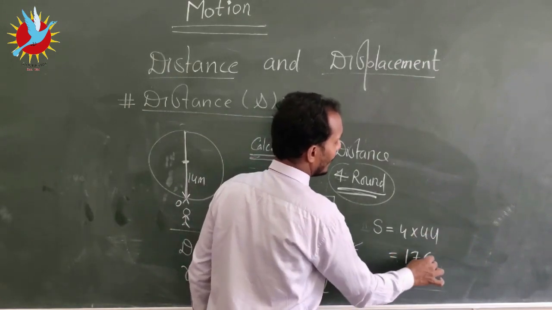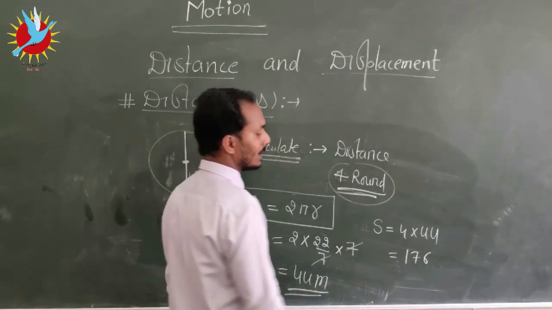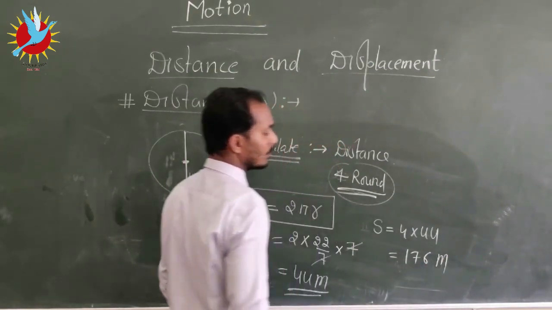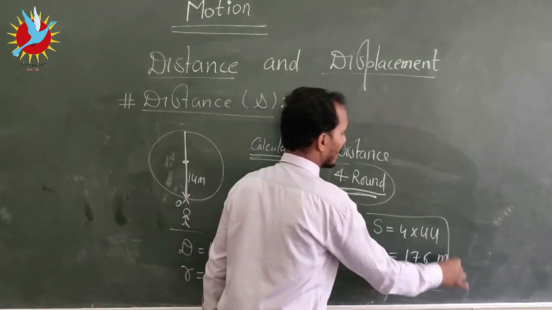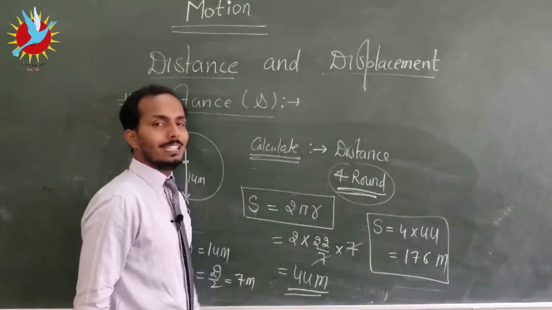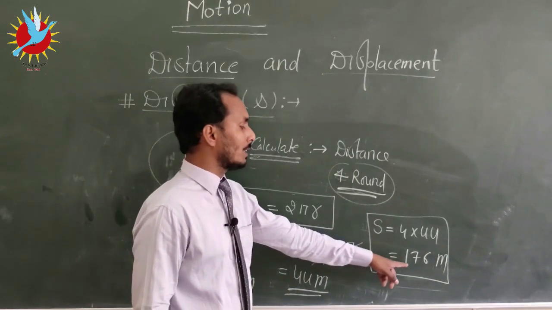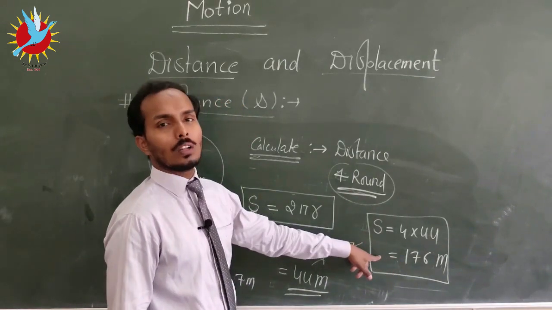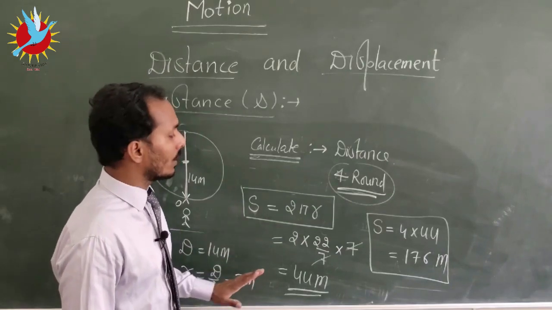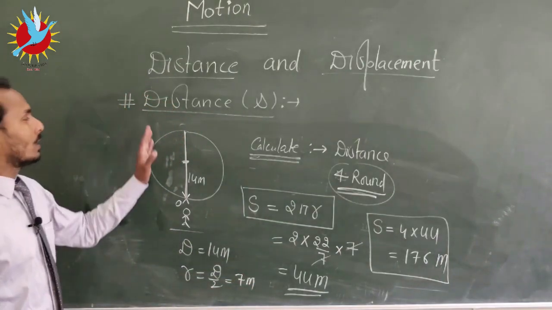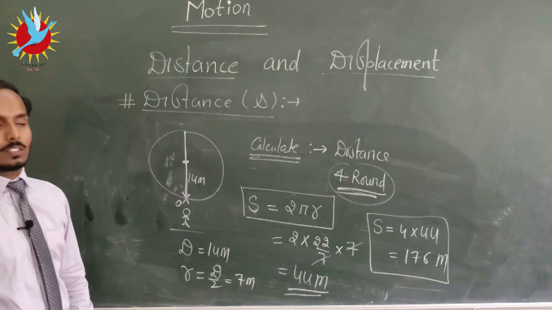Then you get 176 meter. This is the actual distance covered by the athlete in 4 rounds. If it covers only 1 round, then the formula is this. This way you can calculate the distance.